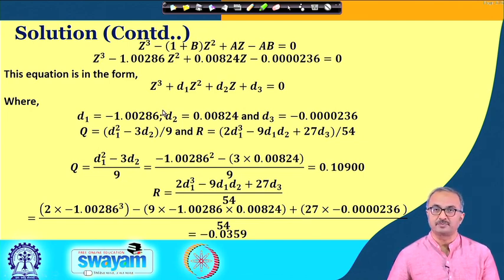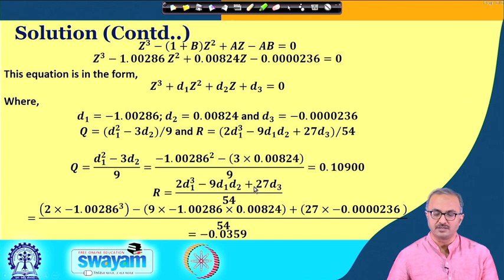As I explained in that lecture, we find the values of d1, d2 and d3, and then two more parameters based on d1 and d2. Here, by comparison, we see that d1 is minus 1.00286, d2 is plus 0.00824 and d3 is minus 0.0000236, and we find the values of q and r from these two expressions.